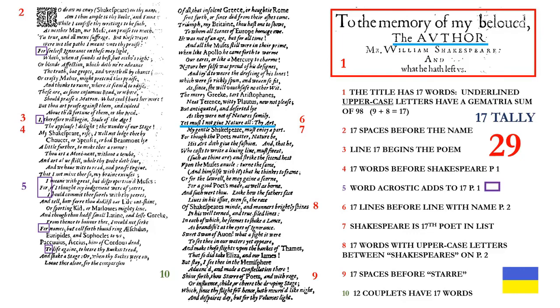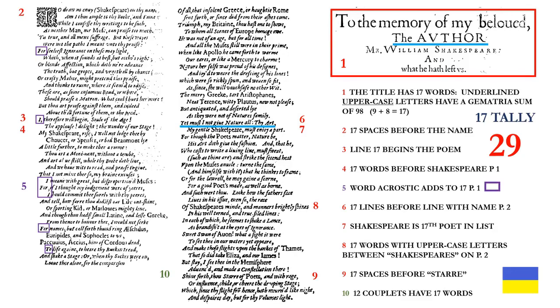The underlined uppercase letters in line 2 have a gematria sum of 98, and 9 plus 8 is 17. The second example is that there are 17 spaces before the name on line 1. Line 17 begins the poem. 17 words are before Shakespeare on page 1, that is outside of brackets.